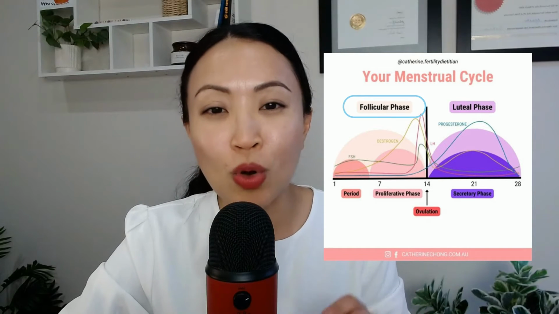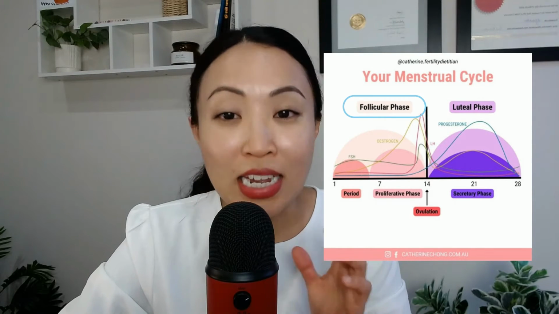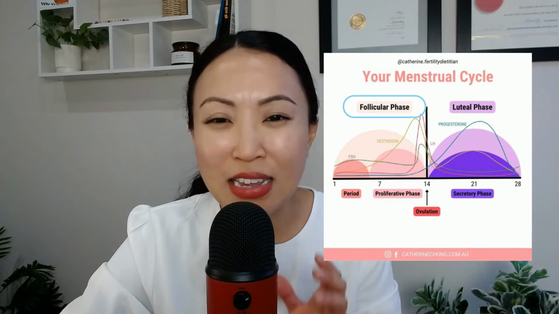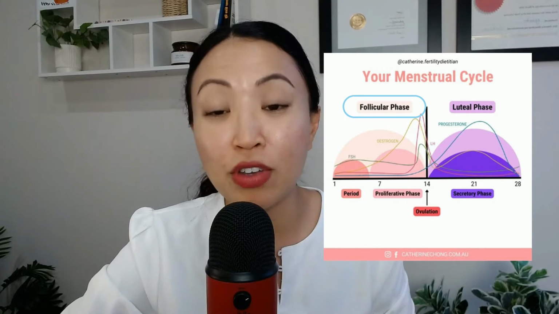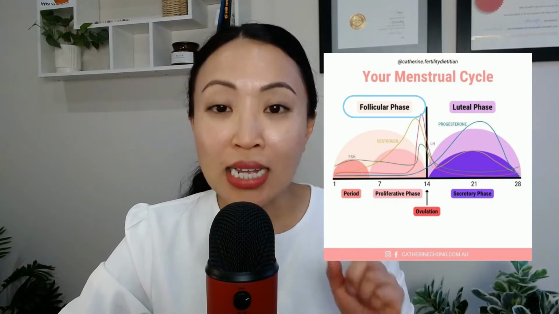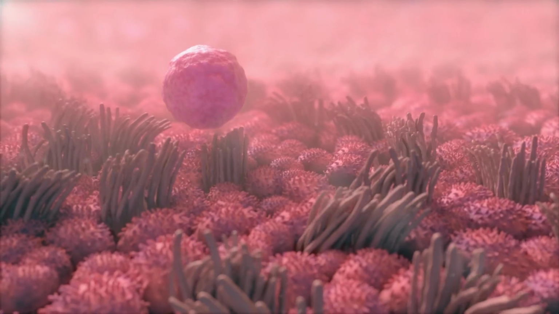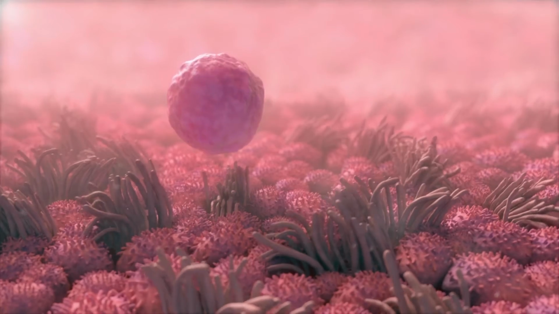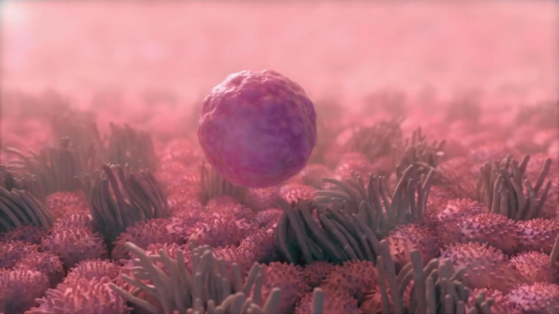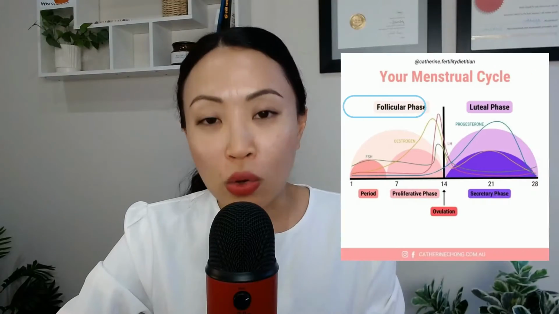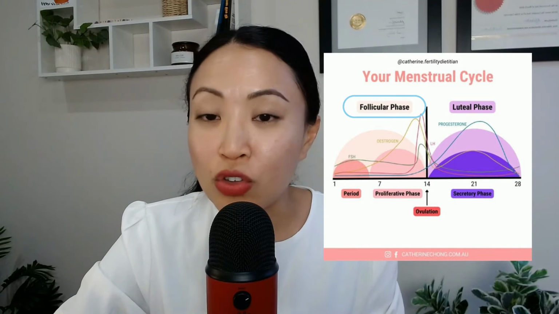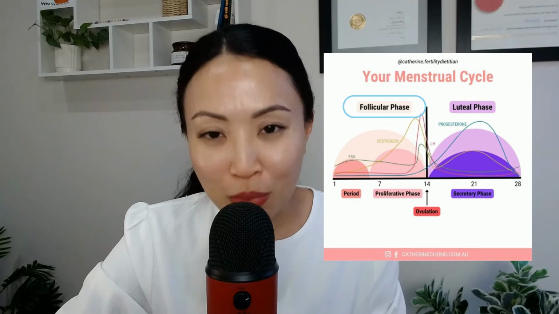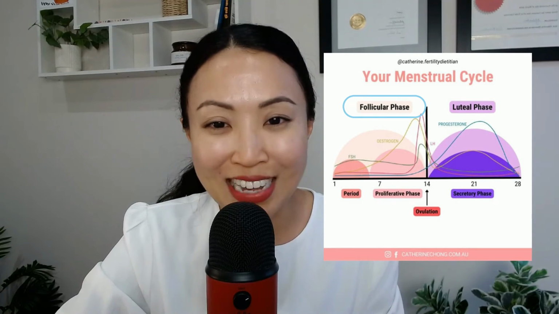These are small fluid sacs and each one contains an immature egg. Typically, if you're trying to conceive naturally, only one dominant follicle will continue to grow and mature. As it develops, it will produce more estrogen, which also helps your body to thicken the uterine lining to prepare for possible pregnancy.